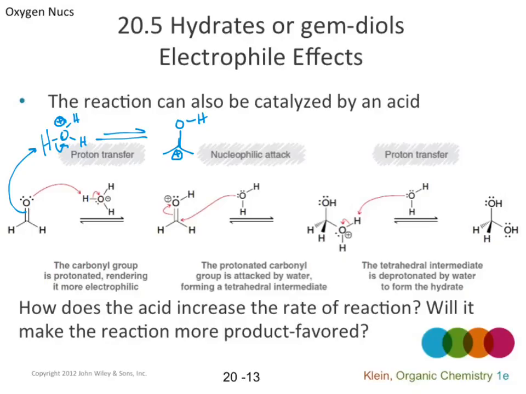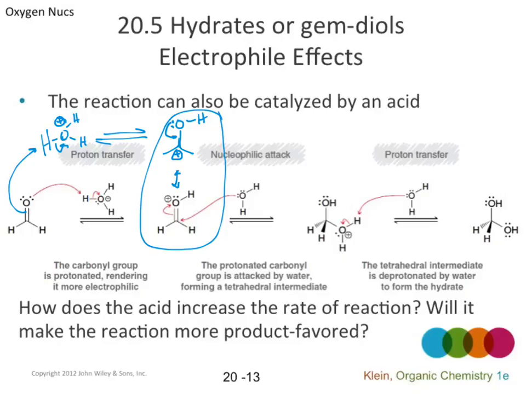After our first step, we end up with this guy. What's the relationship between these two structures? They're exactly the same thing. They're resonance structures of each other. The only difference is that we moved pi electrons down to form the double bond. Okay? So it doesn't really matter which version of the mechanism we use. I personally would probably push the pi, but the lone pair is just as valid.